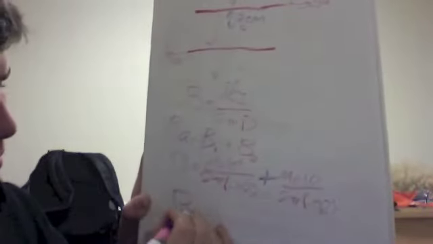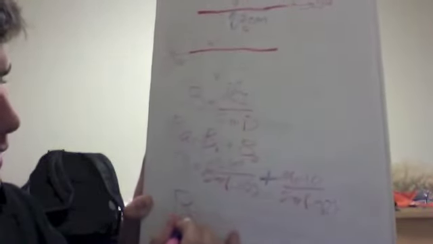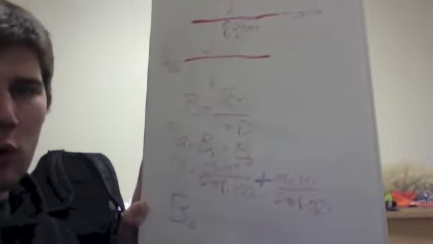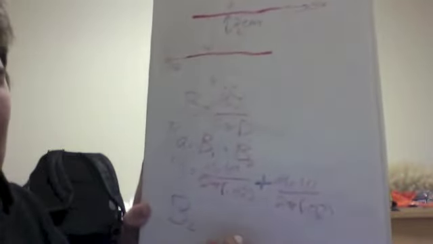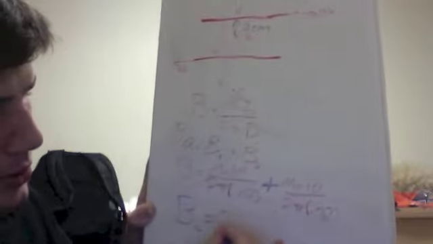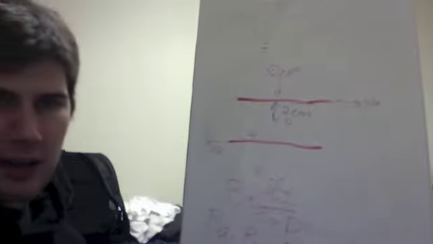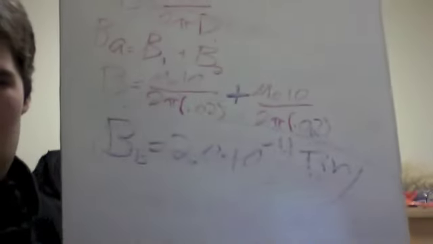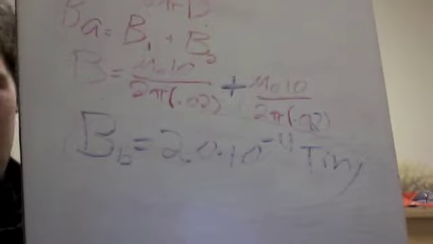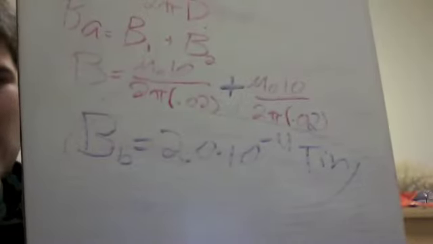And then if you do that calculation, the B at point B ends up being 2.0 times 10 to the negative 4th Teslas, and that's, again, into the page. So those are your answers, and that is how you go about solving them. That's about it.